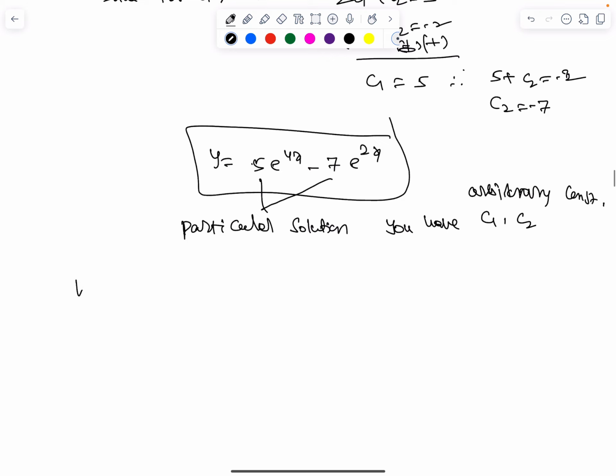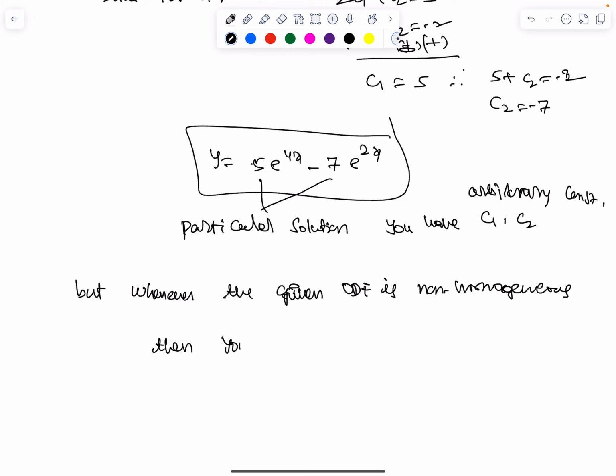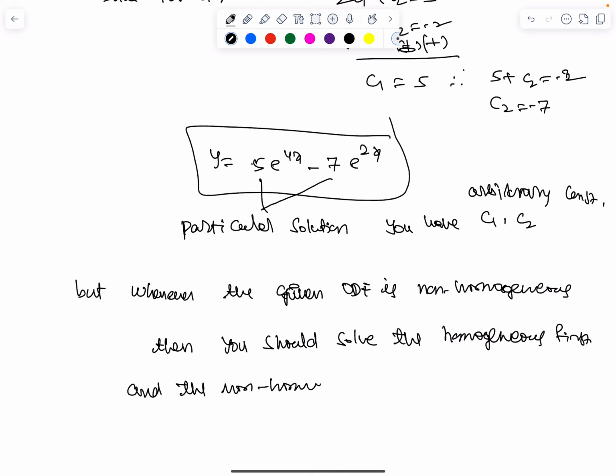But whenever the given ODE is non-homogeneous, then you should solve the homogeneous part first, and then the non-homogeneous part.